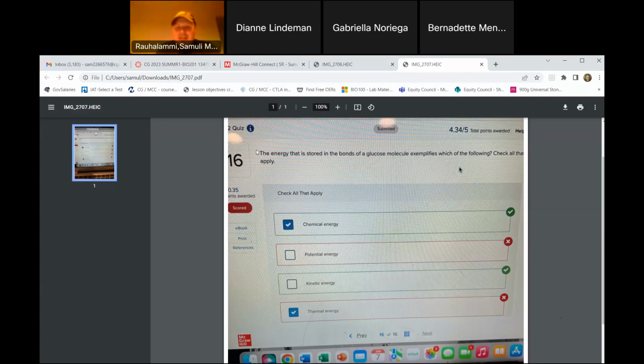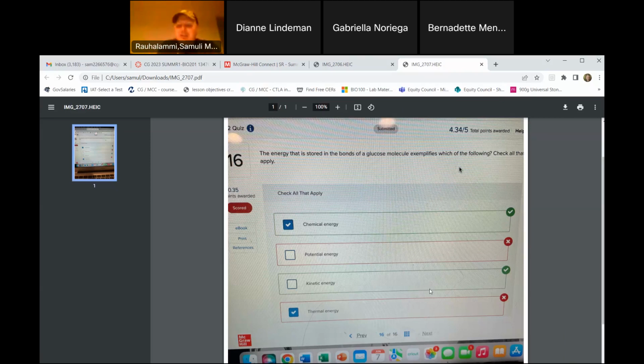So in this particular question, I believe that the correct answers would have been chemical energy and potential energy. You'll notice that the student clicked chemical energy, so on the feedback it shows it as a correct answer. Potential energy was the second correct answer, and because the student didn't click it, it's showing up on the feedback as a wrong selection, with that red cross.